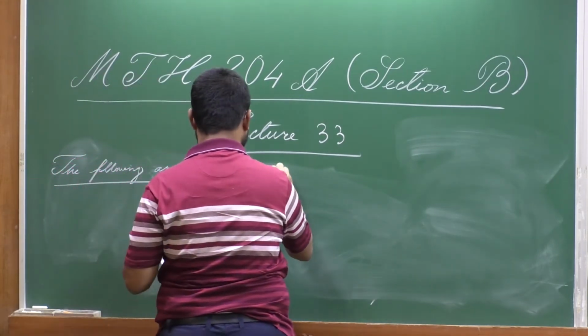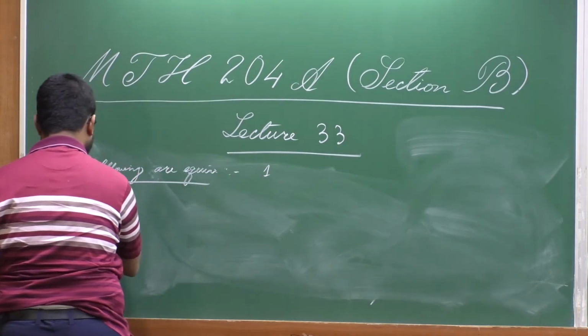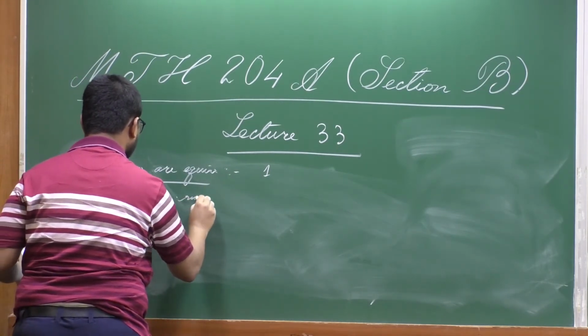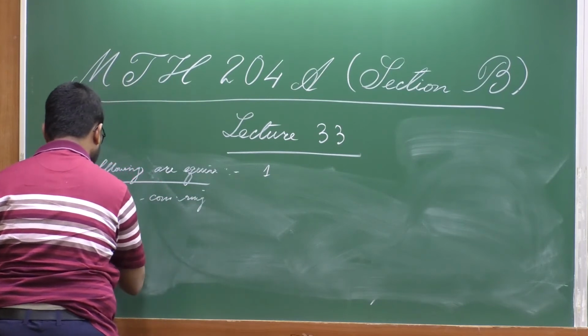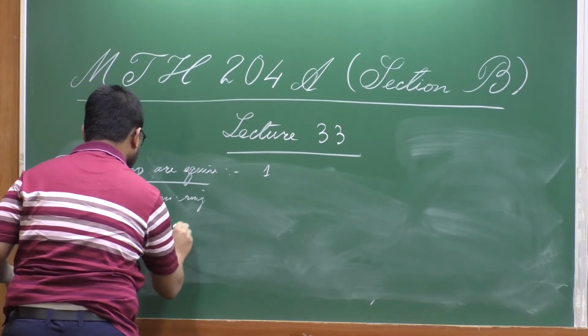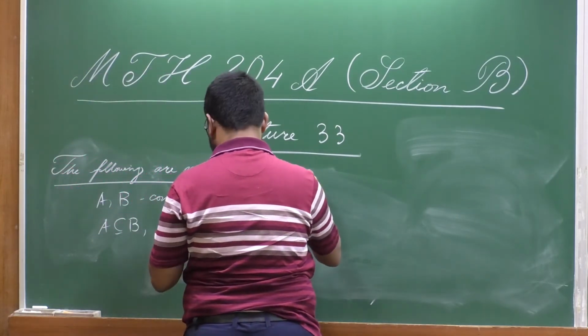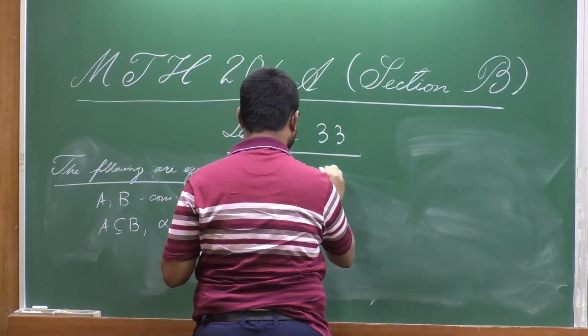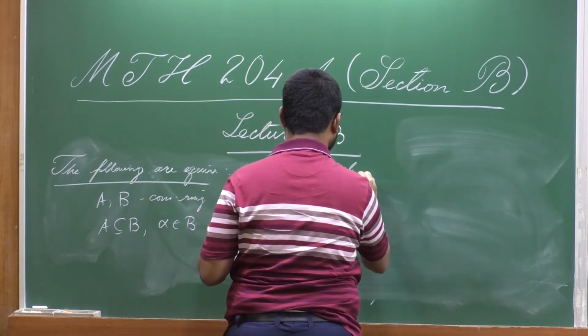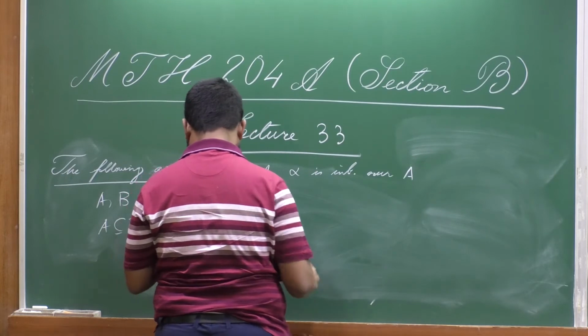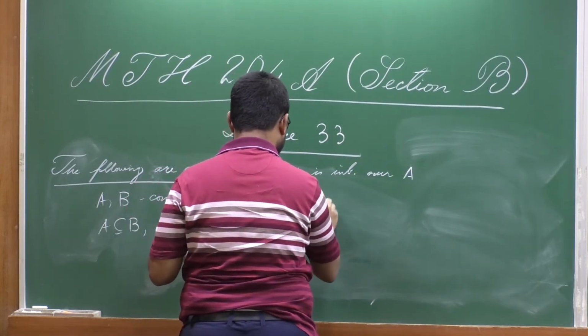What are the following statements? Given that this is, as I said, our already set up, and we have B and alpha in B, the following are equivalent. First, alpha is integral over A. The second thing is A[alpha].